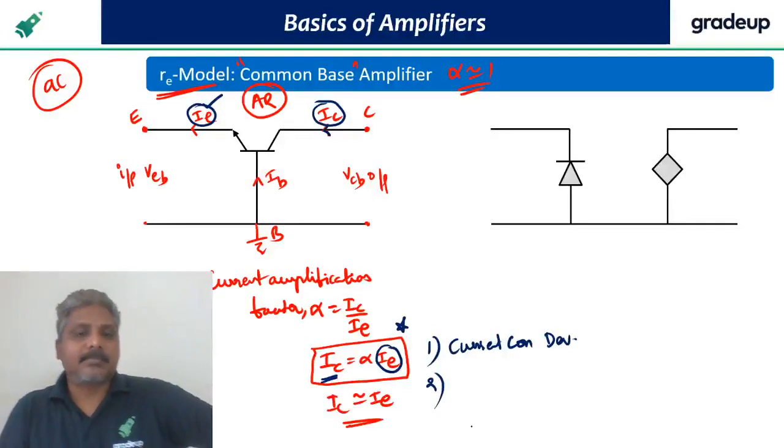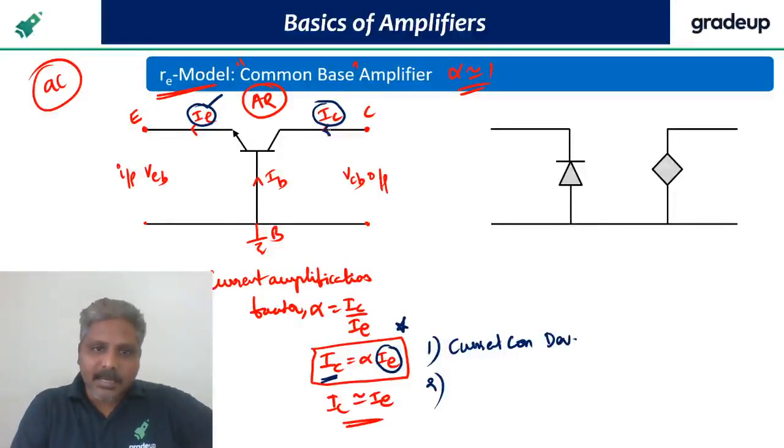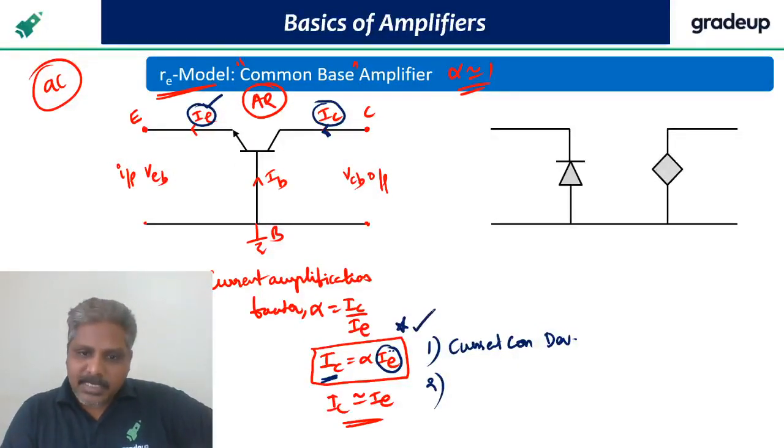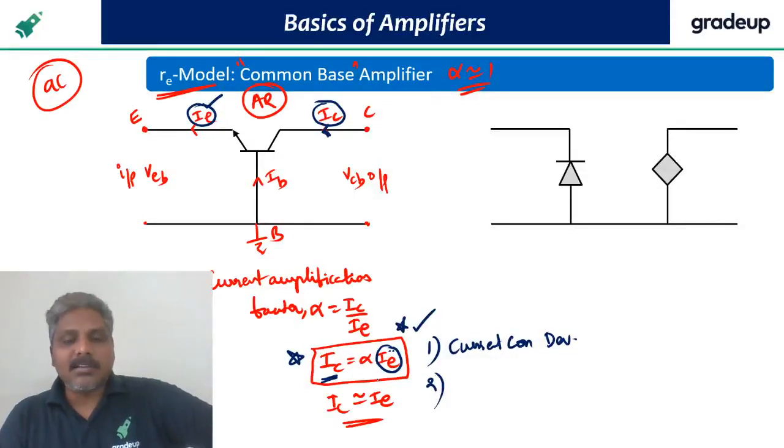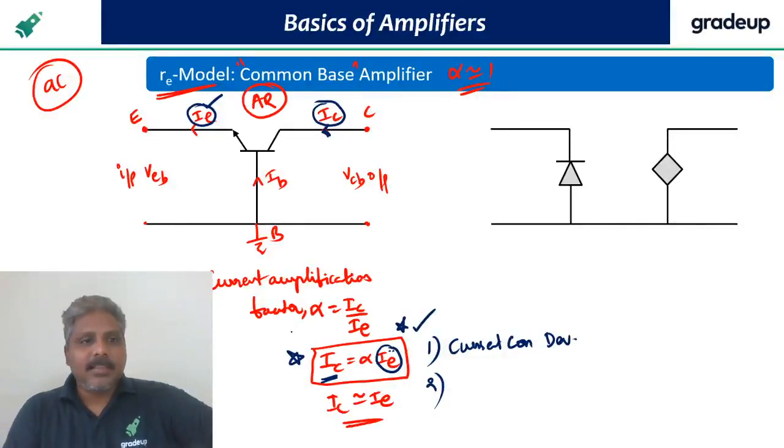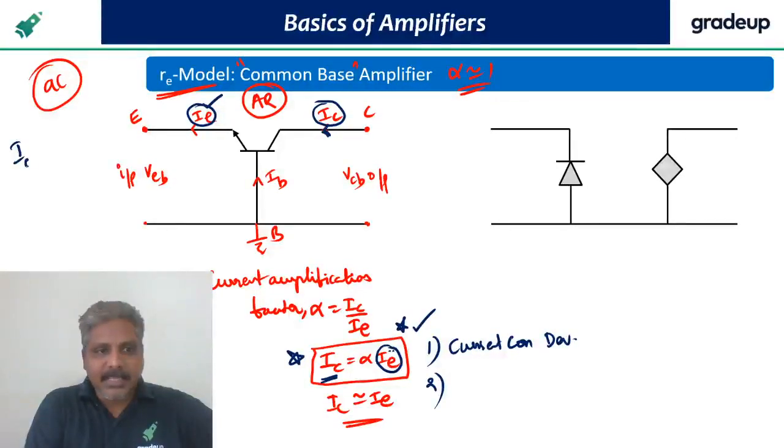The first point. Second point is, you can see the current flowing here depends on the current at the emitter only. And from this equation you can understand this current equation does not have any voltage term. You see guys, here IC is equal to alpha times IE.